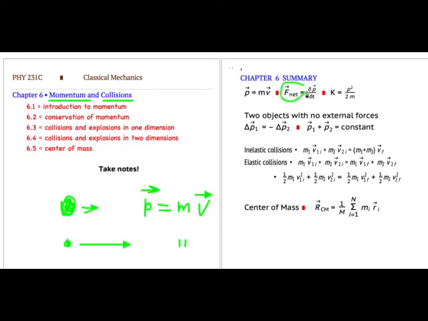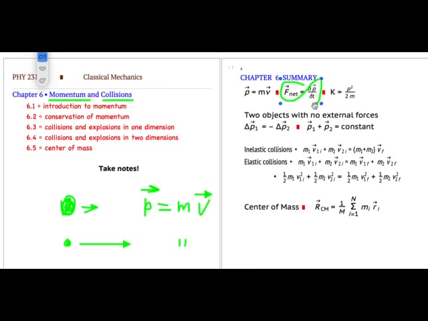A better way to look at it is to say delta P divided by delta T, the rate of change of momentum, is equal to the force, the total force, the combined force, that's acting on the object whose momentum is P. So you can say F is delta P over delta T, or you could say delta P over delta T is F.